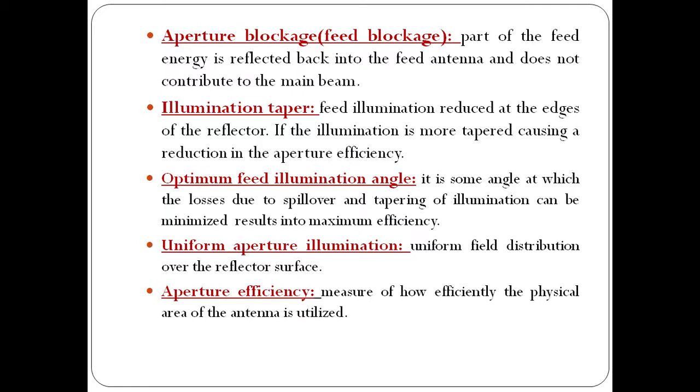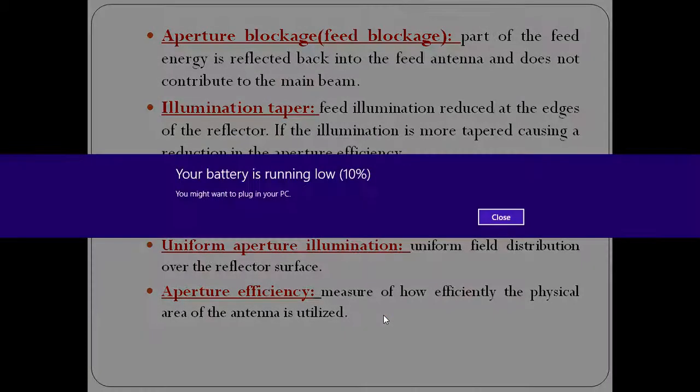In most cases for aperture antennas, the aperture efficiency is usually approximately 80 to 90%. We try to make it approximately equal to 1 so that we can reduce these losses. So there should be a balancing or compromise on the parameters, because there are trade-offs between them.